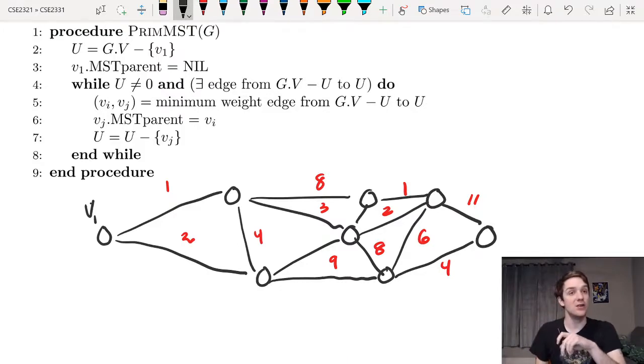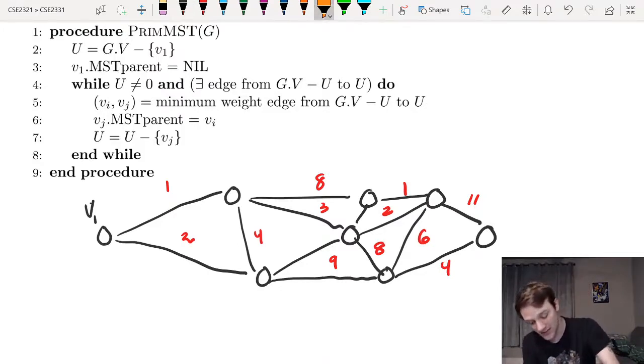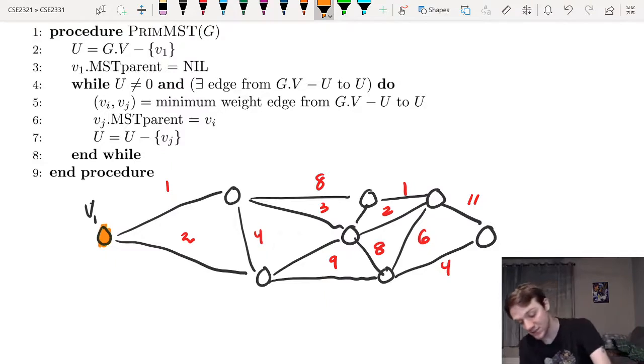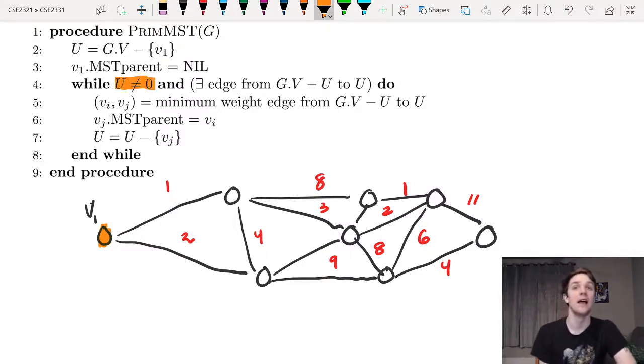This set U, if you remember when we first introduced the algorithm, we colored nodes orange once we discovered them. The set U is the set that contains all those white nodes that we have yet to add to the spanning tree. So while there are still nodes to add, that's while U is not empty, and while there is an edge from the orange things to the white things, it's possible they have a disconnected graph, in which case asking about the minimum spanning tree might be a slightly awkward question.